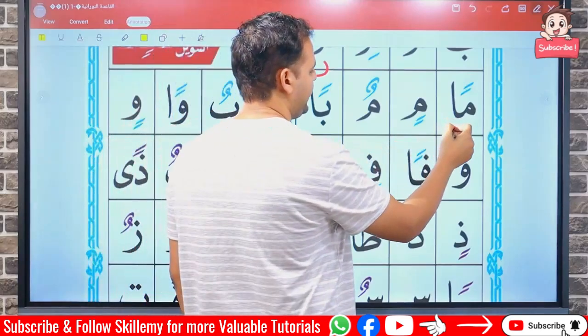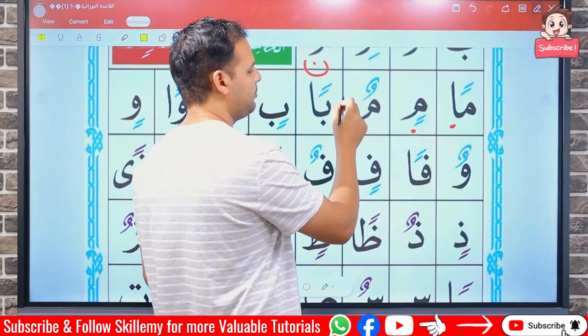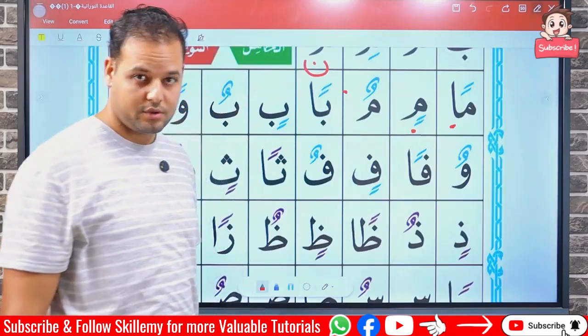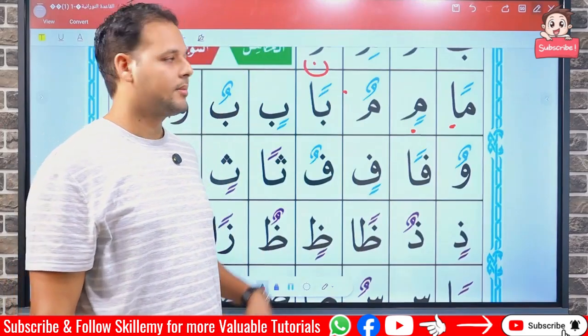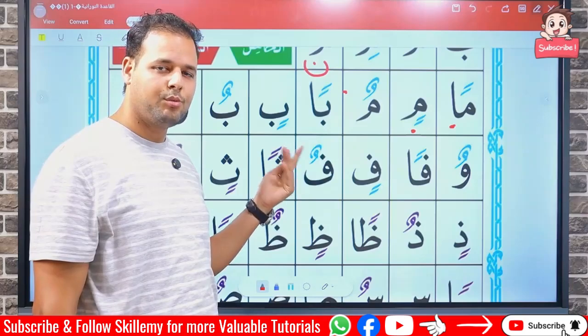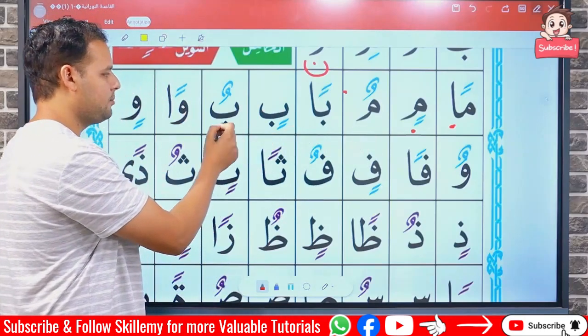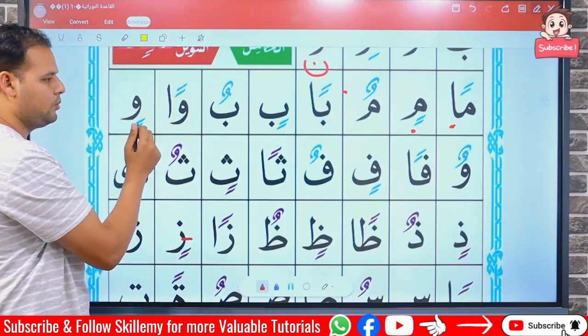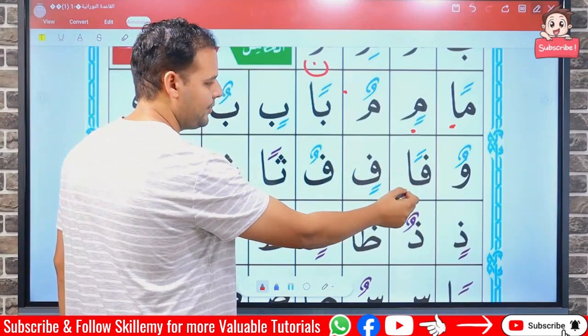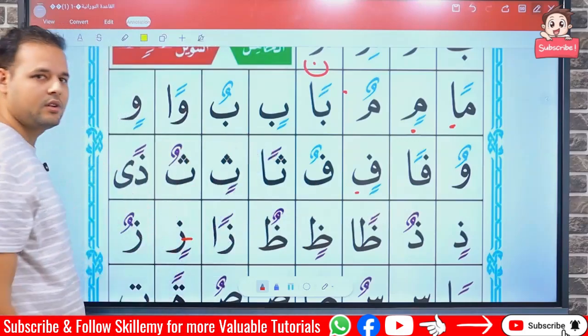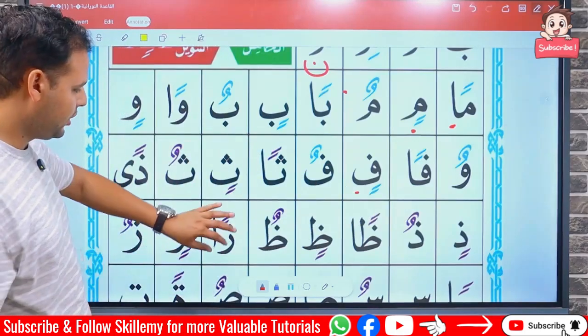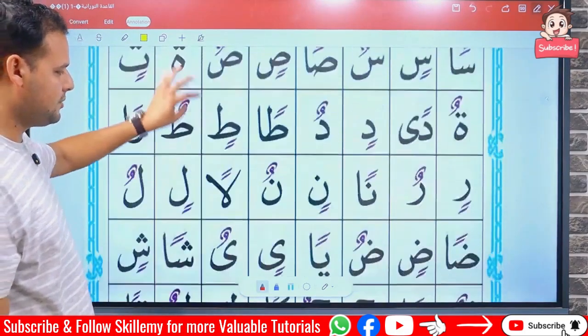So this one is going to be man, min, mun. Try to repeat it. Man, min, mun, like that. So here is going to be ban, bin, bun, wan, win, wun, fan, fin, fun. Okay? And so on. Try to exercise this page as well.